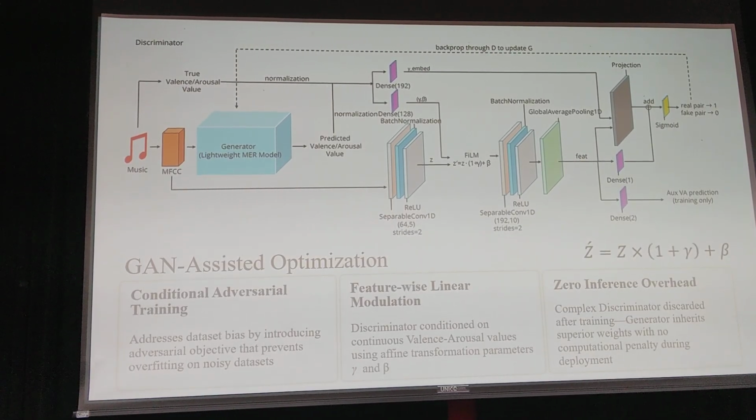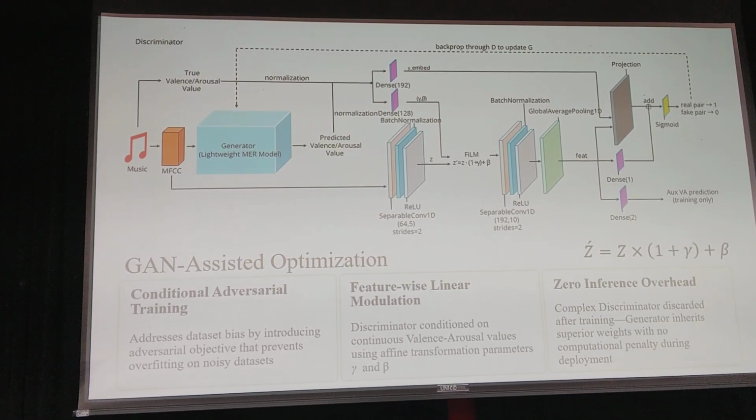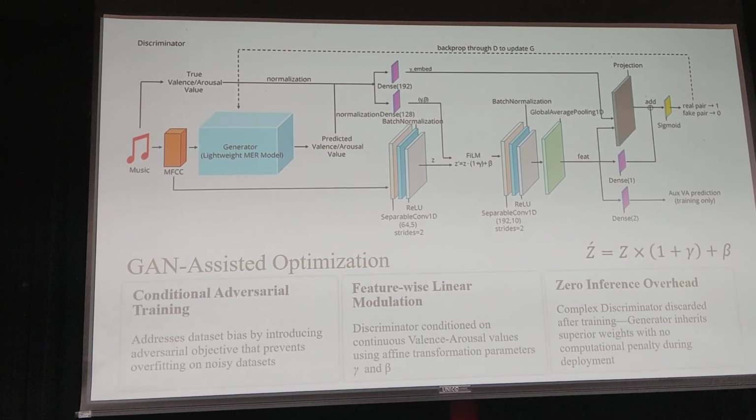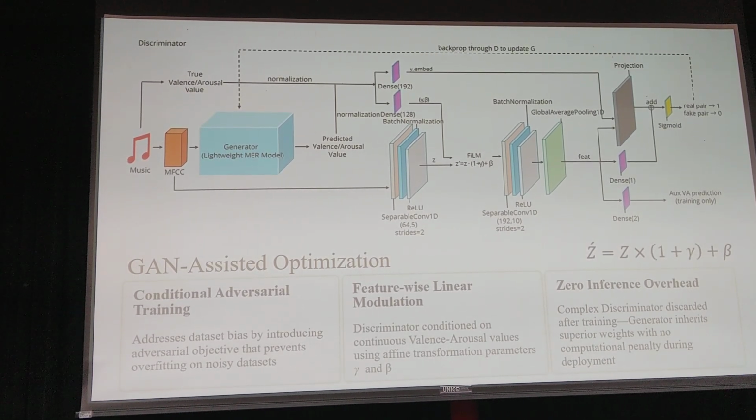The continuous valence and arousal values are mapped into scaling gamma and shift beta parameters that directly modulate the intermediate convolution feature maps. These GAN and FiLM mechanics are strictly confined to the training phase.